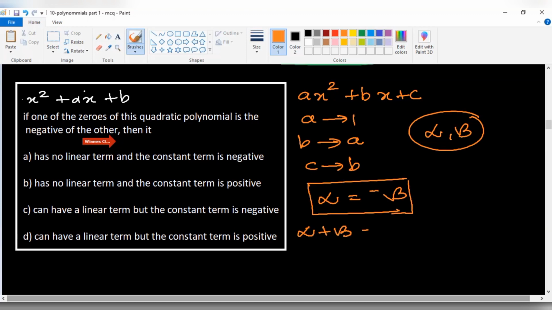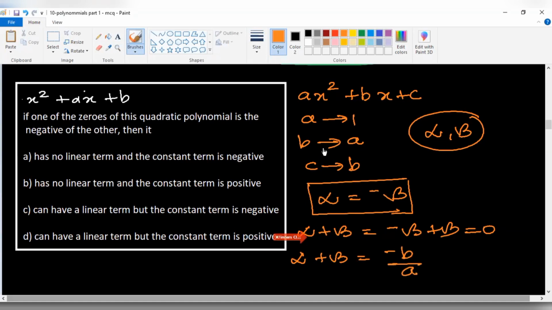Alpha is negative beta. Then what happens? Alpha plus beta: one is the negative of the other means alpha plus beta will become minus beta plus beta, right? In place of alpha, we can give minus beta. So minus beta plus beta is equal to 0. That means the sum of the zeros is 0. And we know alpha plus beta is normally minus b by a.